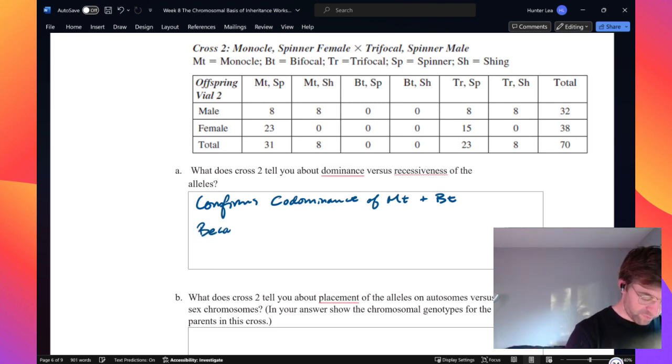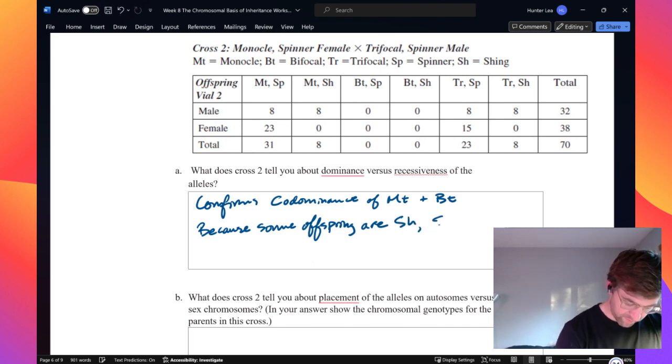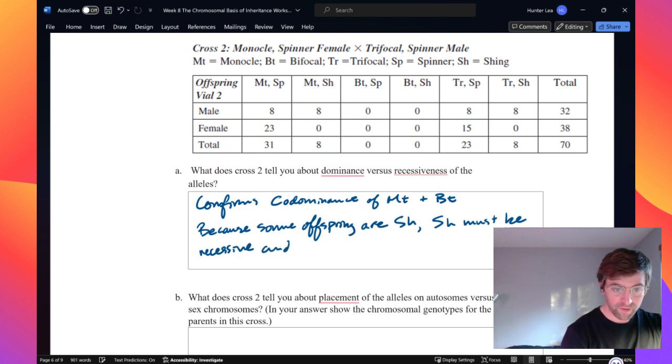So because some offspring are shiny, shiny must be recessive, and both parents had to be heterozygotes or carriers of that gene.